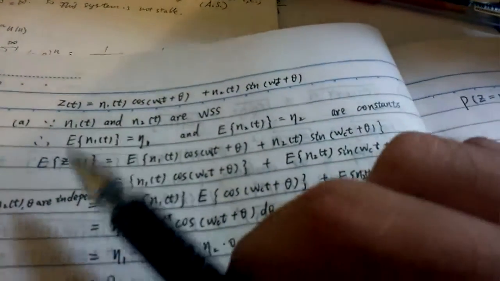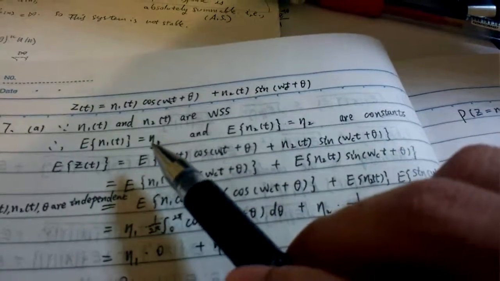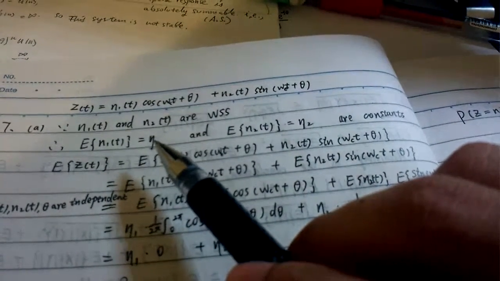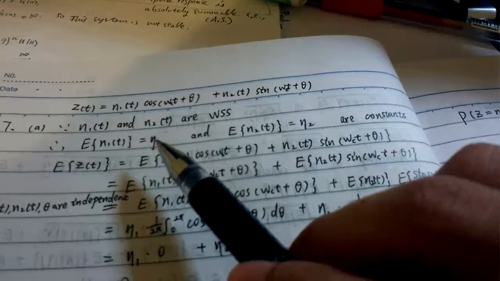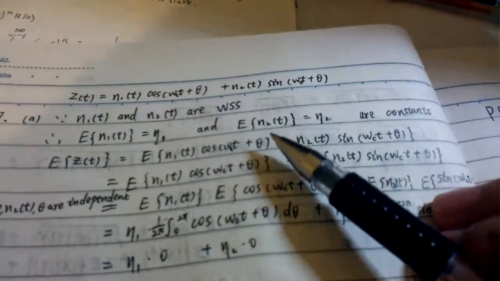We can write E[N1(t)] equal to theta 1 and E[N2(t)] equal to theta 2.